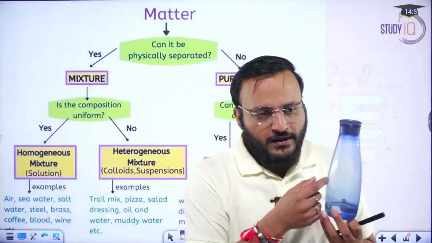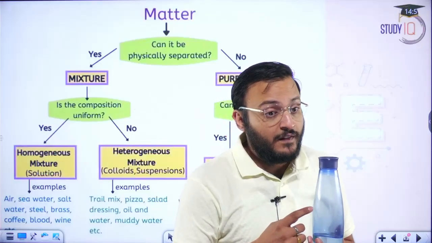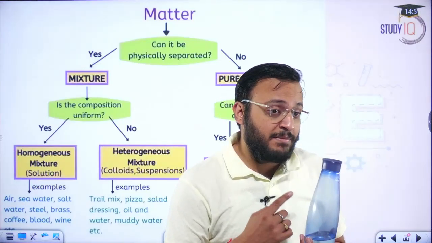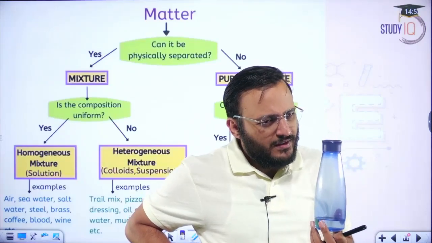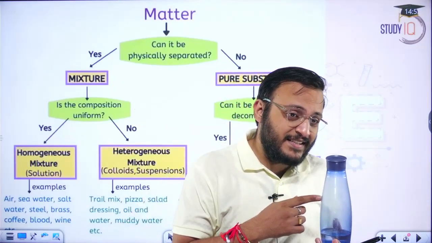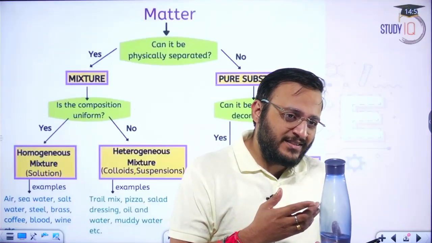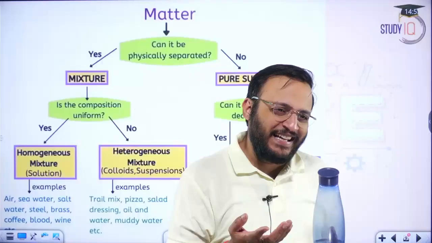Now let me tell you, this is plastic, which is made of hydrogen and carbon atoms. Okay, so can you separate the hydrogen and carbon by heating this, or by drying this, or by crushing this? Mahak ji, come on, you are saying yes.